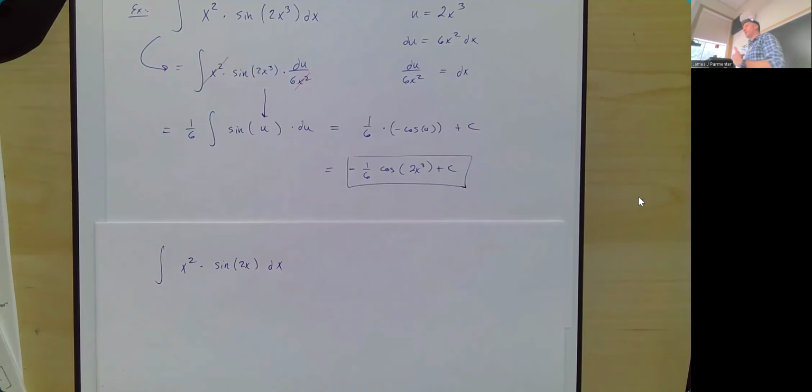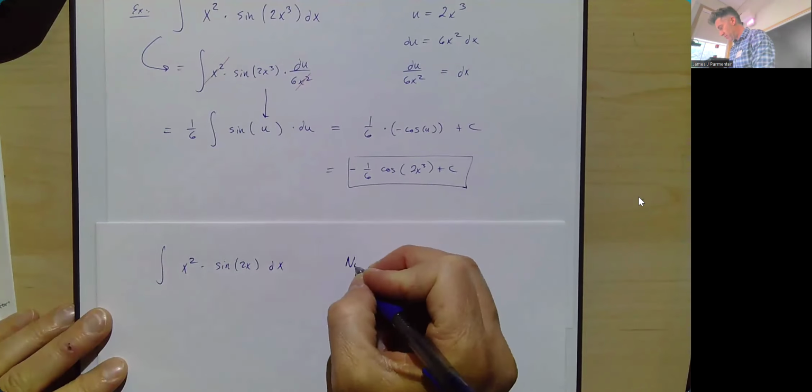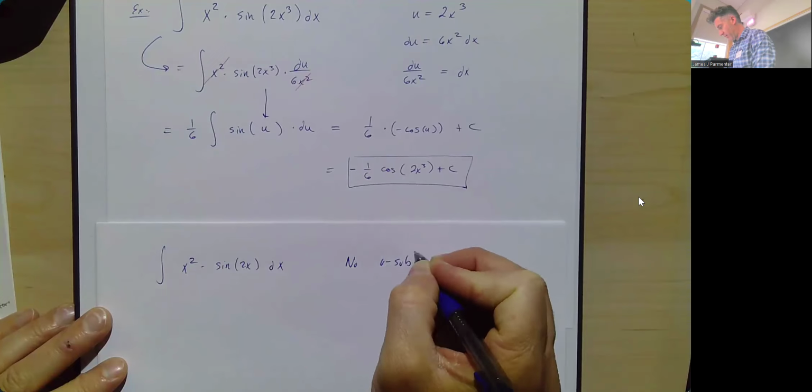So you might look at this and accidentally convince yourself that we could let u equal x squared and du would be 2x dx. But we don't have 2x times dx, right? That 2x is stuck inside the sine function. It's not actually being multiplied by the dx there. So no u sub, not going to work out.